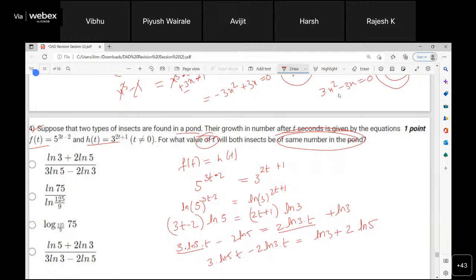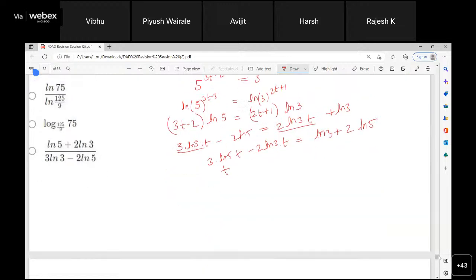Minus will go to this side, that is plus. Now take t common. So what do I get? t times (3 ln of 5 minus 2 ln of 3).